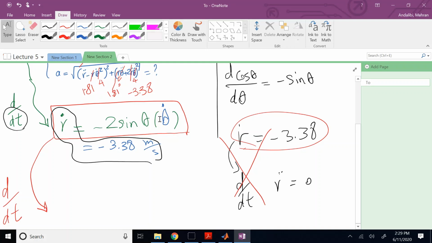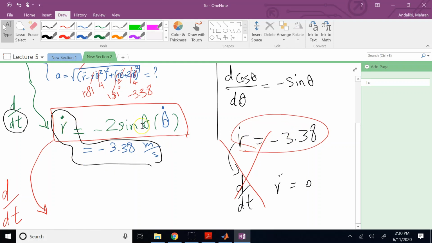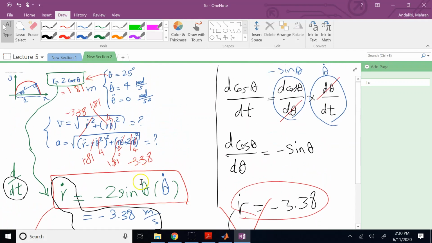You take the derivative of f of x, not derivative of f of 2, because f of 2 is just for one point. Derivative needs a point before and a point after. Derivative with respect to time needs a time before and a time after. So never take time derivative of the fixed number. Take time derivative of the general parametric equation.